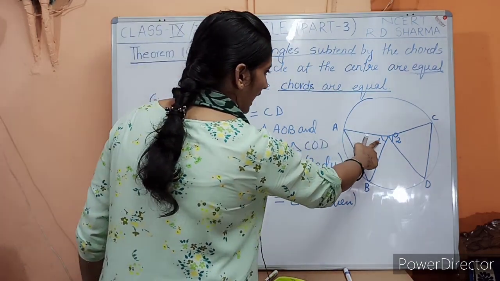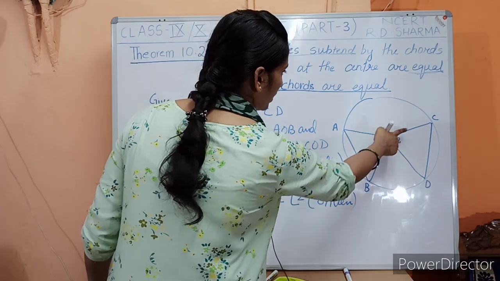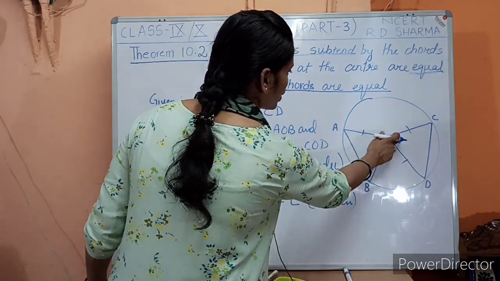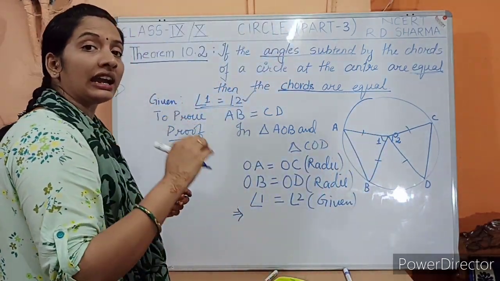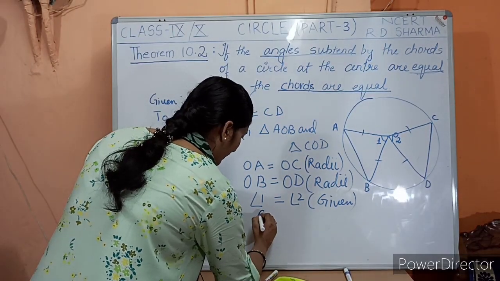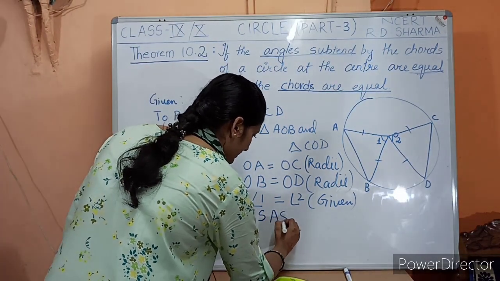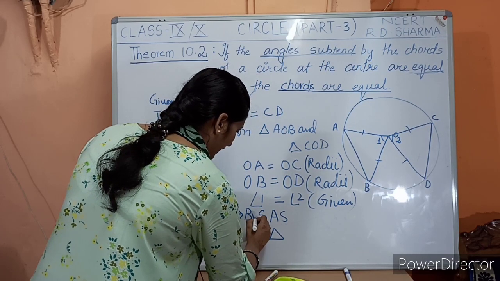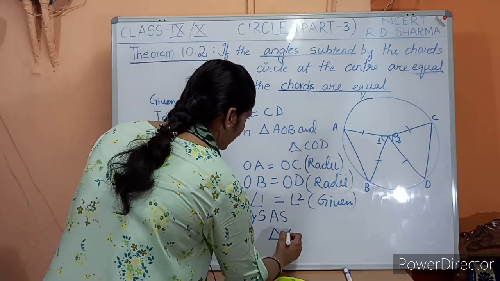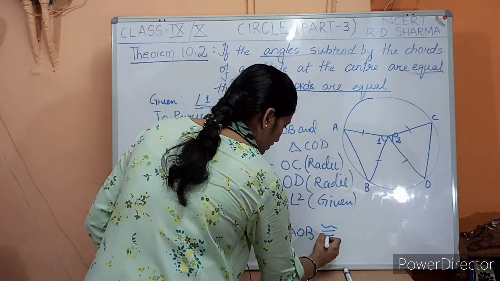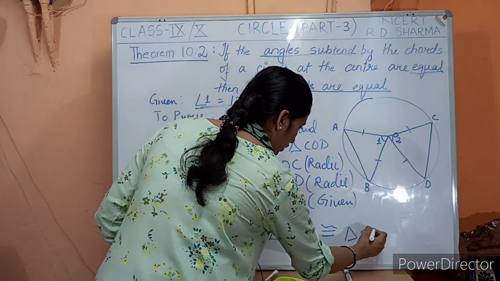But can you see this angle is included between the two equal sides? ये इसके equal है, ये इसके equal है, and इसके बीच का angle है ये. So this is the angle included between the two equal sides. So we can write here by SAS criteria, triangle AOB is congruent to triangle COD.